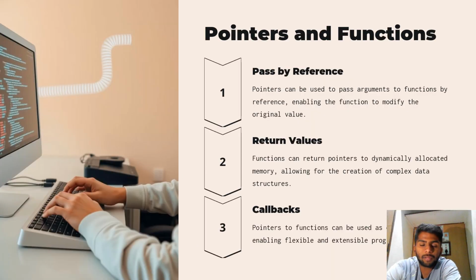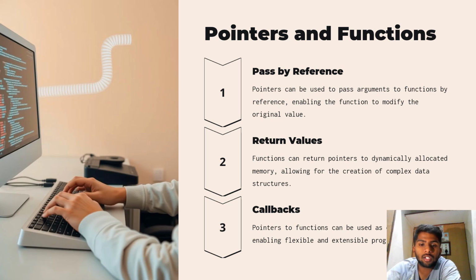Pointers and functions: pass by reference, return value, and callback. These are the main three types. Pass by reference: a pointer can be used to pass arguments to functions by reference, enabling the function to modify the original value.